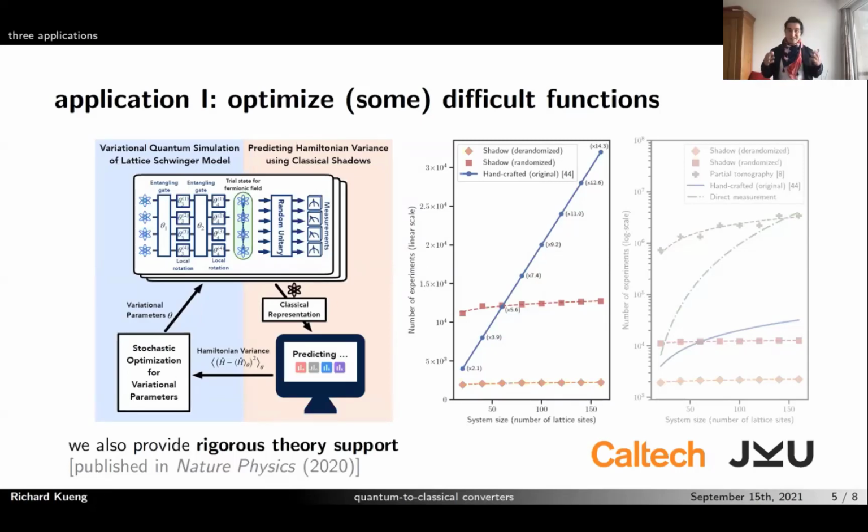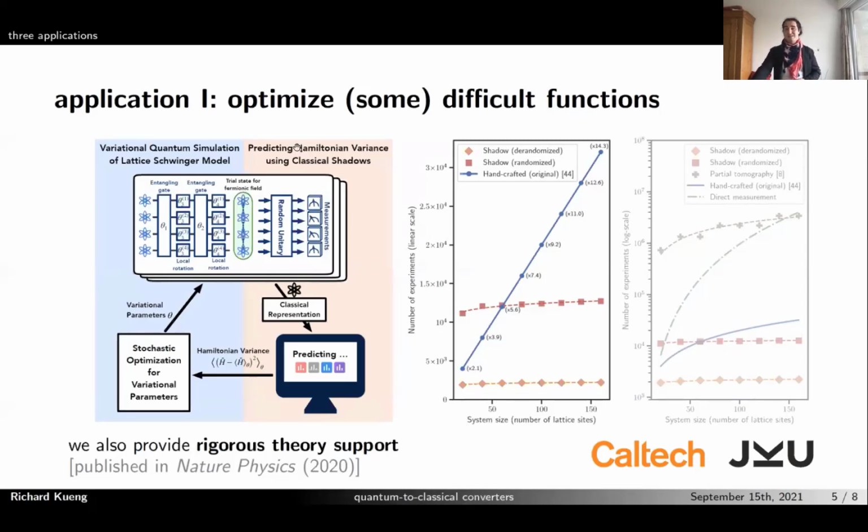And it turns out that until rather recently, the readout problem was a very real bottleneck that prevented these types of algorithms from scaling up the size, the number of qubits, of the quantum coprocessor. And our quantum to classical converter is designed to tackle exactly this goal.